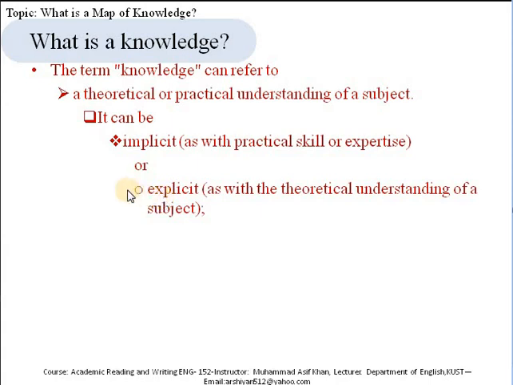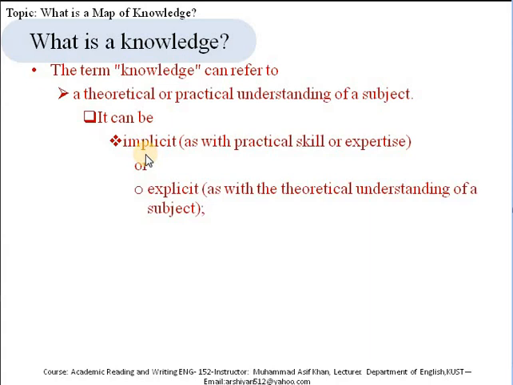So when we are explaining something theoretically, we try to explain everything, but when it comes to implicit knowledge, it becomes very difficult to state clearly or in detail, because this is something which is there in your mind, and it is not easy to directly express those details which we have in our mind.